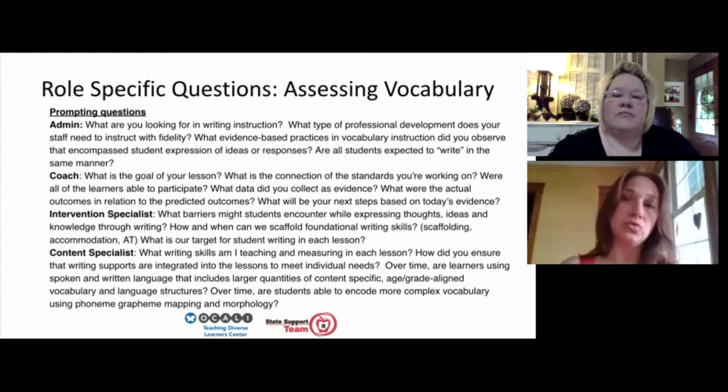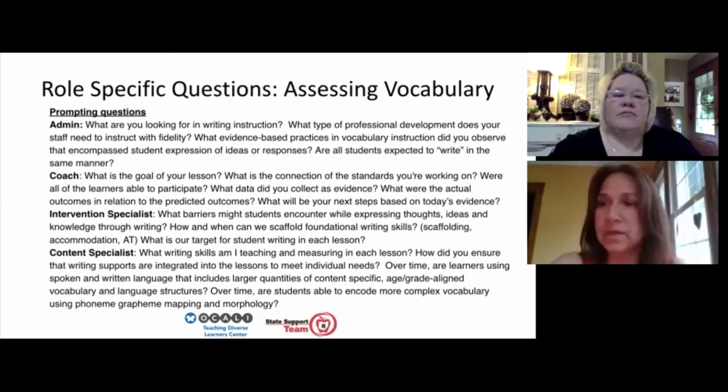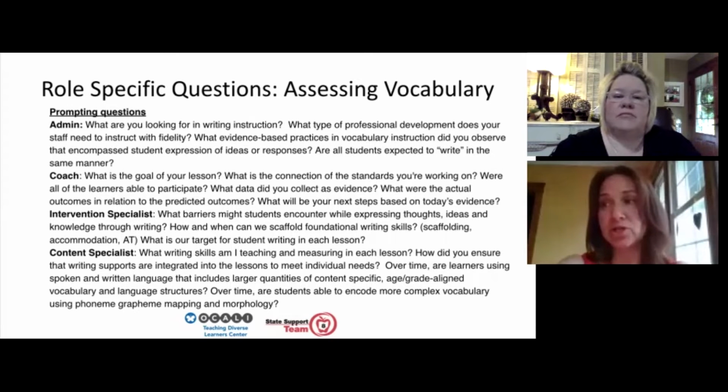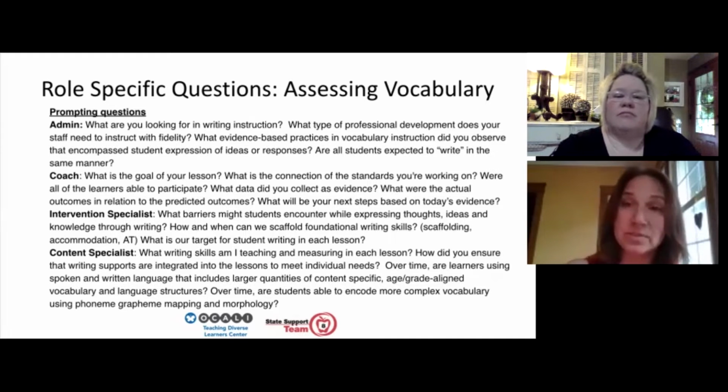Do you have the tools in your toolbox to support those teachers? Also, what type of professional development does your staff need to be able to instruct writing for all students with fidelity? What evidence-based practices in vocabulary instruction did you observe that encompass student expression of ideas or responses?